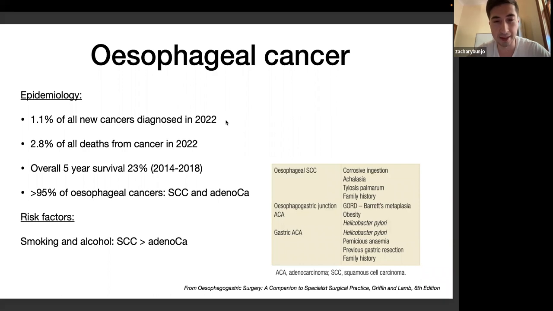The majority of esophageal cancers from a histological point of view are SCCs or adenocarcinomas. And it's important to be aware of the risk factors for each and how they differ slightly. So with SCCs, that's classically with the risk factors of corrosive ingestions, achalasia, and positive family histories, and smoking and alcohol.